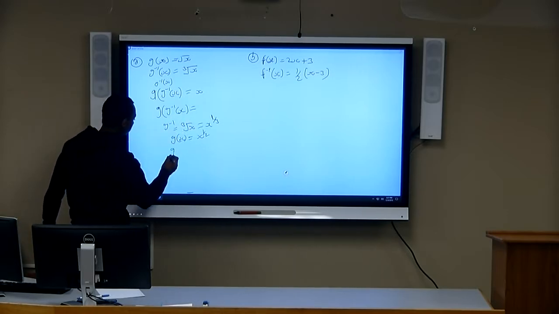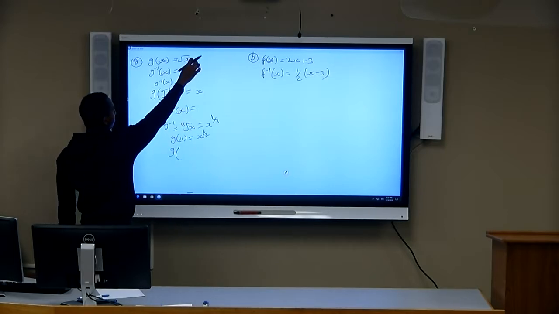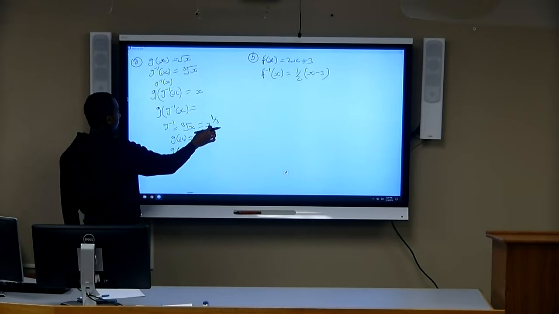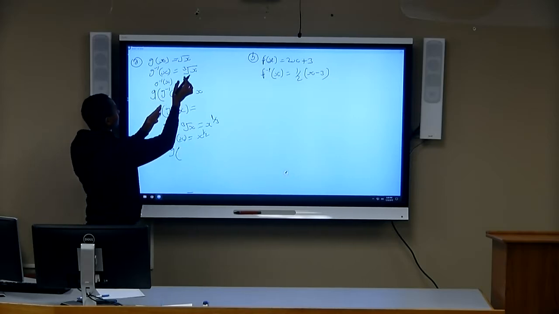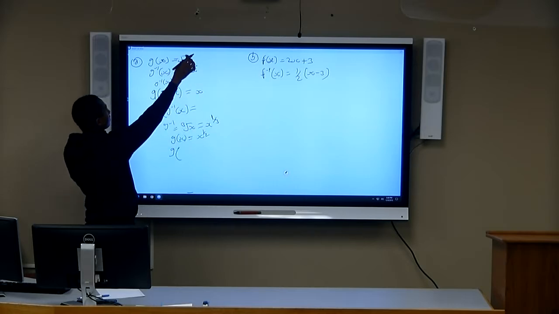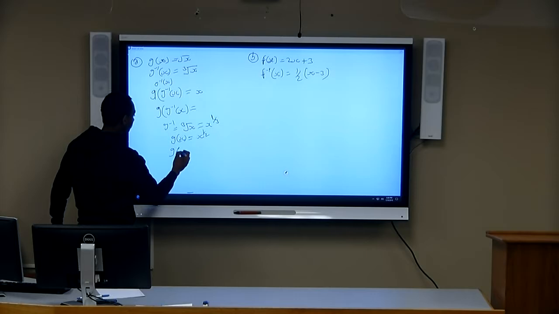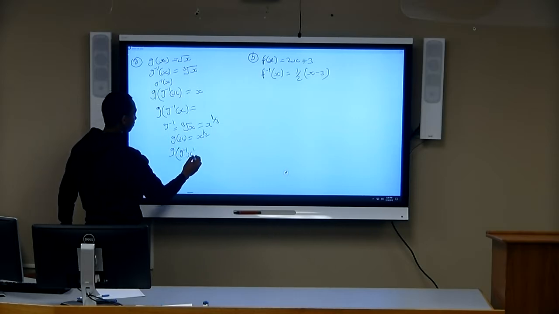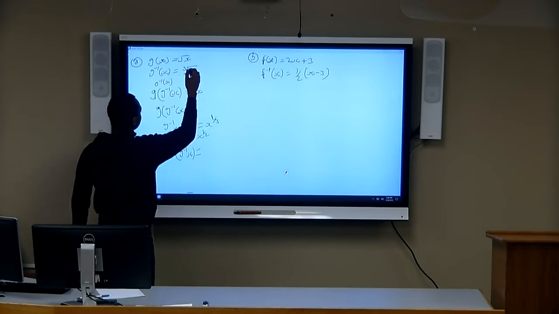So we're going to put g of x inside g. G is the square root of x, which is the same as x raised to the power 1 over 2. So it's going to be g of g inverse, which is equal to this, is what we're going to put inside this thing. So this thing is going to be equal to g of g inverse of x. We're going to replace x with g of x.